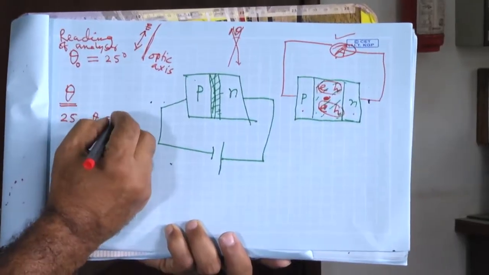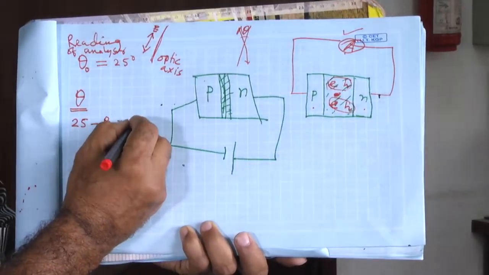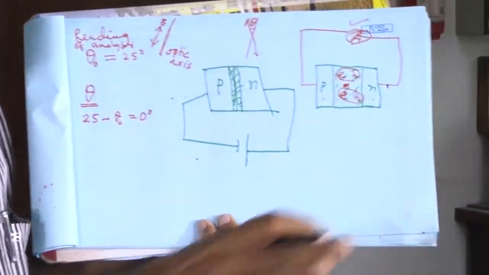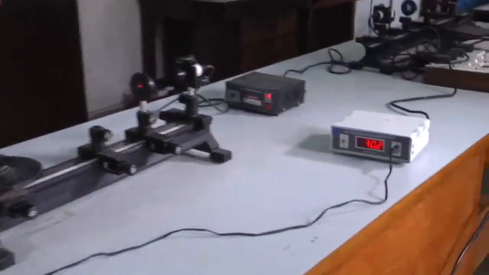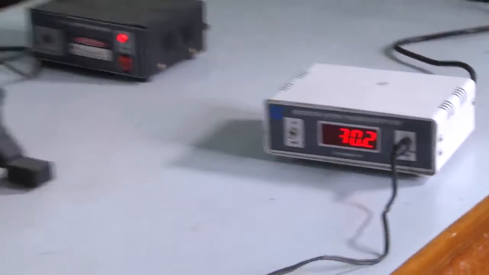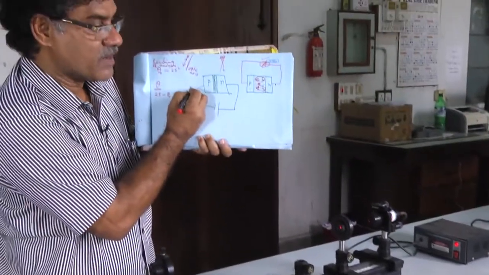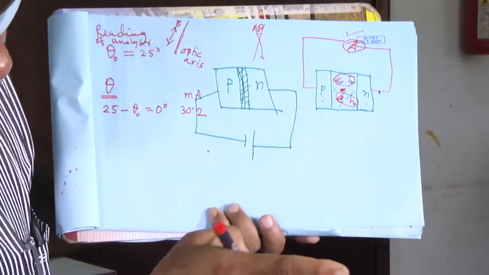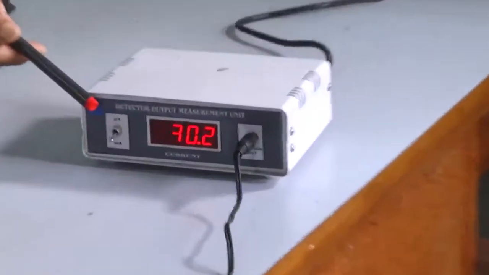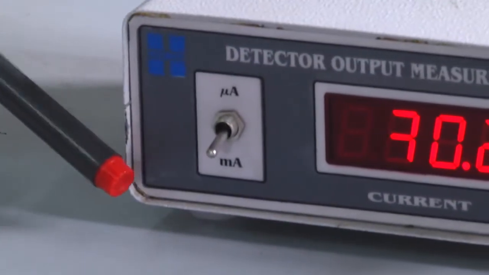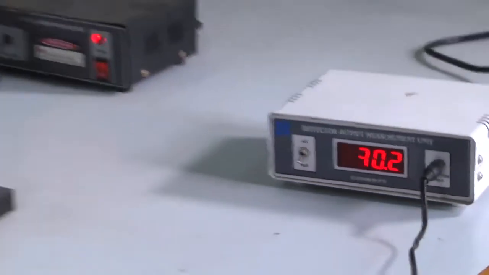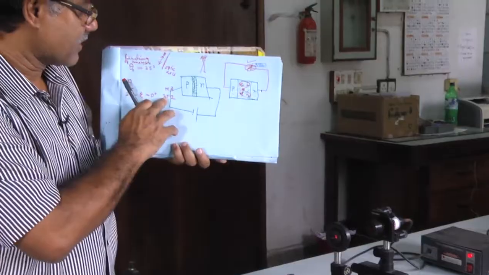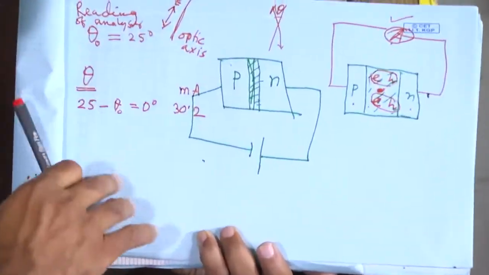At 0 degrees the current is 30.2, in milliampere. We have kept the meter at milliampere rather than microampere.